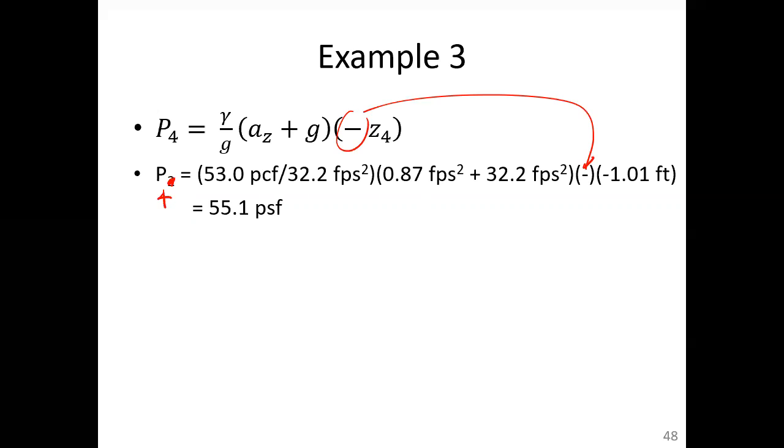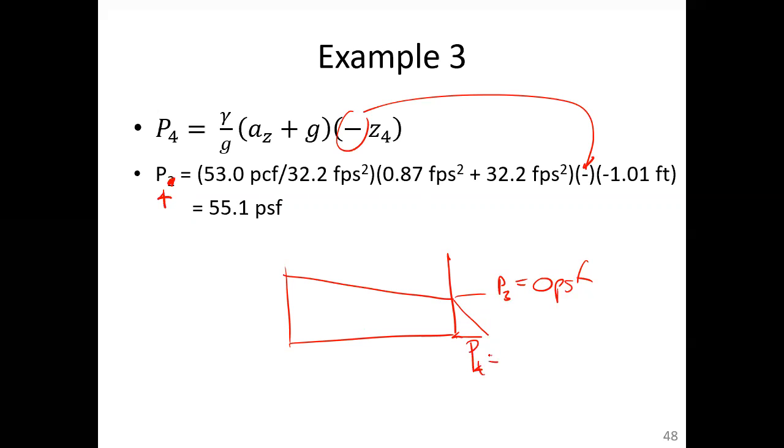And Z4 is minus 1.01 feet because we go from point 3 to point 4. And on the right-hand side now, we go from P3 equal to 0 PSF to P4 is equal to 55.1 PSF.